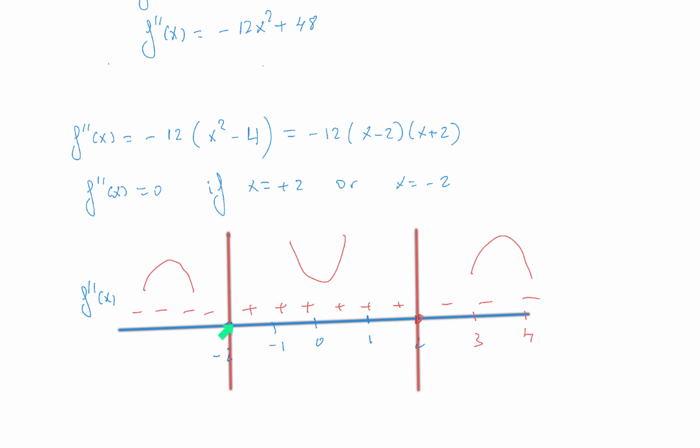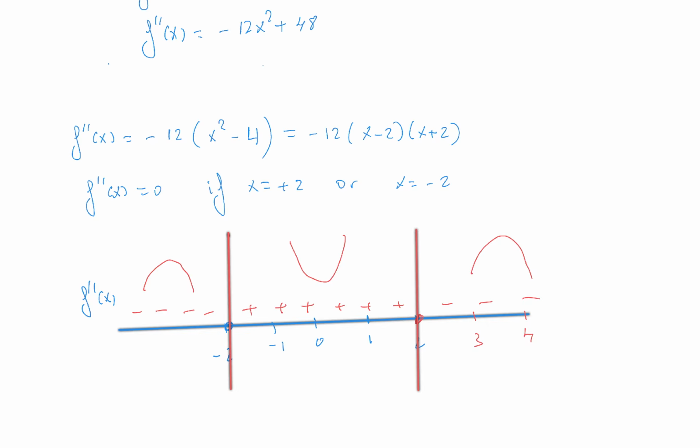So we see, to the left of minus 2, if you plug in a number like minus 3, the second derivative is negative, so the function is concave downward.